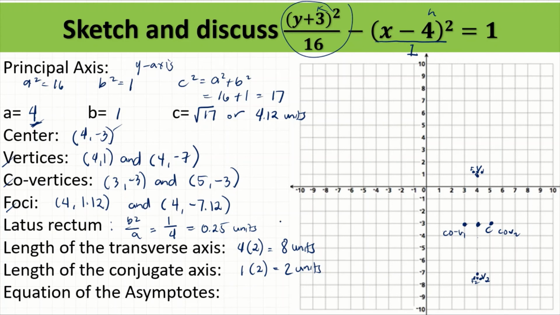For the equation of the asymptotes, since ang center natin ay nasa h, k, hindi sa origin, so we are going to use y is equal to k plus and minus b over a times the quantity of x minus h. So, it is equal to negative 3 plus and minus b is 1 over a is 4 times the quantity of x minus 4. Okay, and then ang slope natin is 1/4.